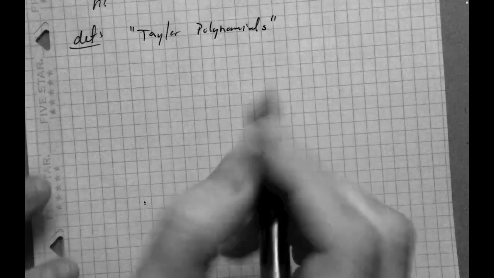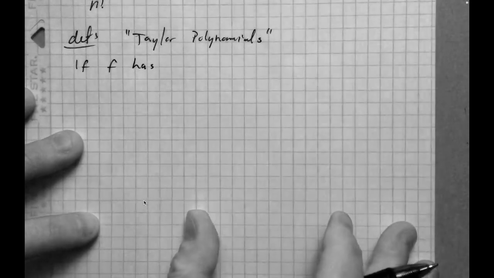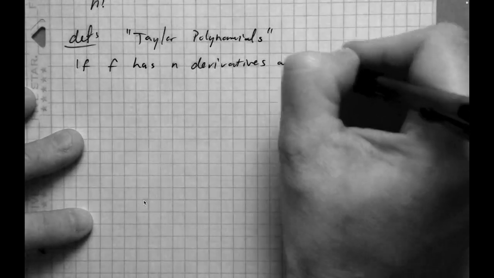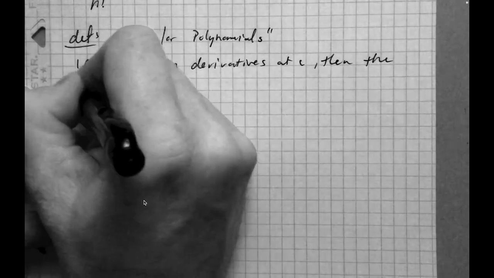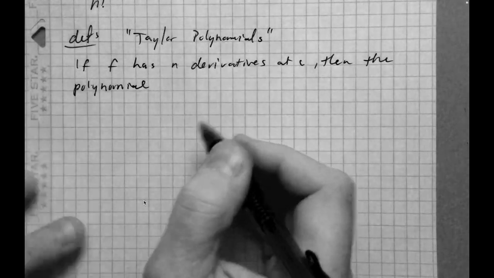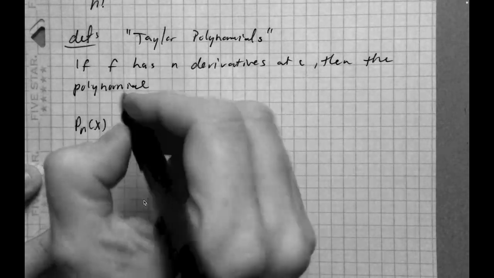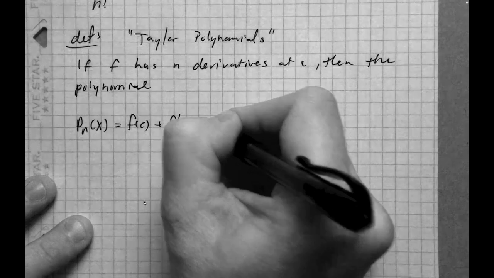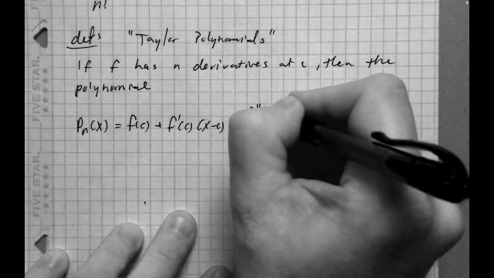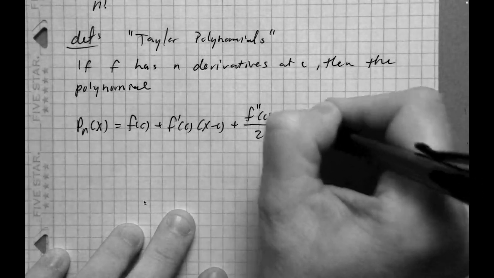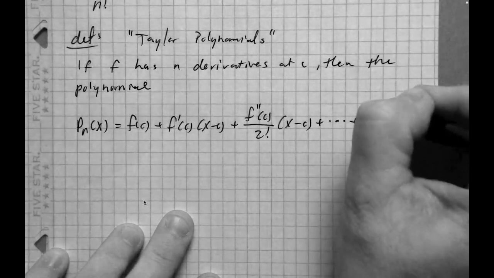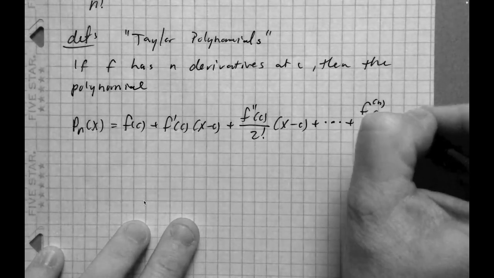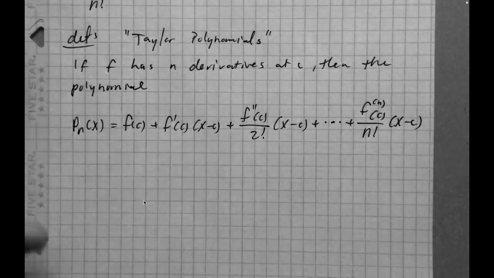If f has n derivatives at c, then the polynomial p sub n of x is equal to f of c plus f prime of c times x minus c plus f double prime of c over 2 factorial times (x minus c) squared plus dot dot dot plus the nth derivative of f evaluated at c over n factorial times (x minus c) to the nth power.